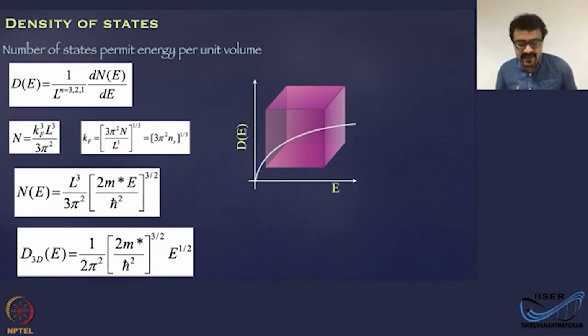So that is defined by a quantity called density of states. It is nothing but the number of states per unit energy per unit volume. That is called density of states. And that is given by the expression (1 over this quantity) dN by dE. This quantity here accounts for the unit volume, and dN by dE is the number of states per unit energy.